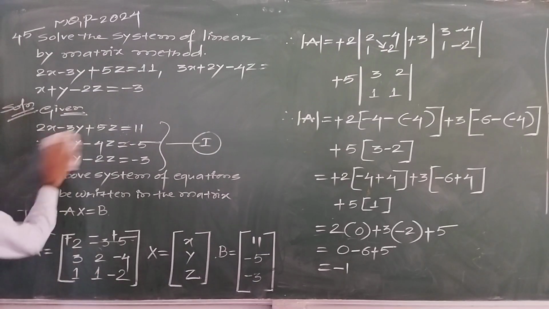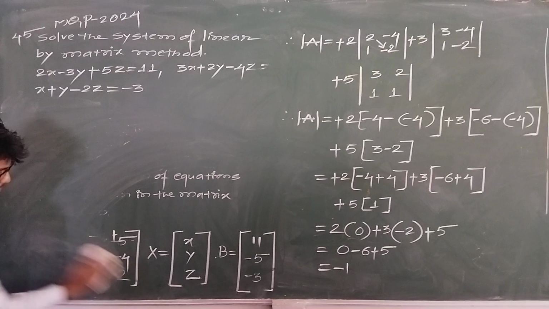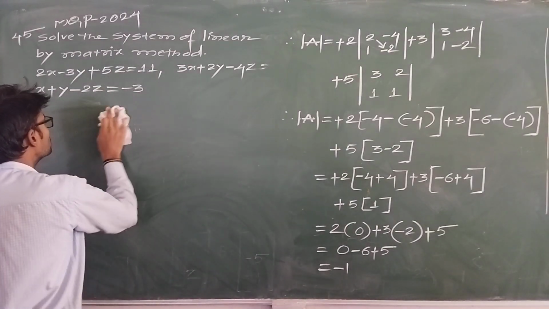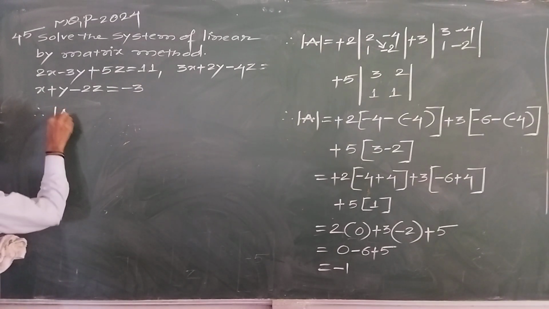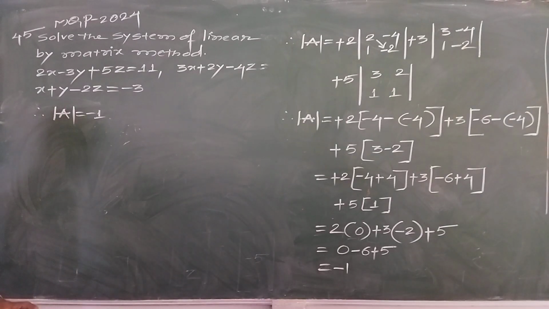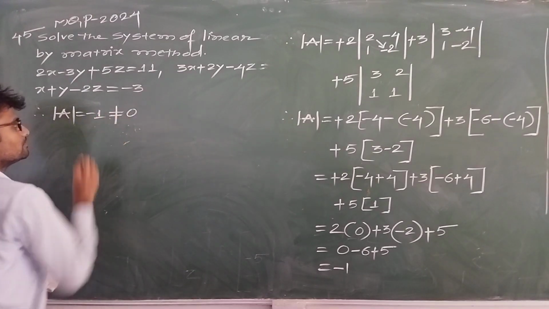So therefore I will write, determinant of A is equal to minus 1. This minus 1 is other than 0. See, determinant of A we are having minus 1, it is not equal to 0.